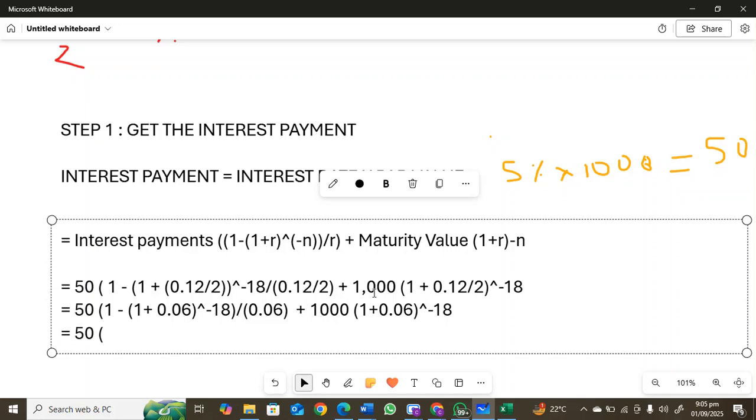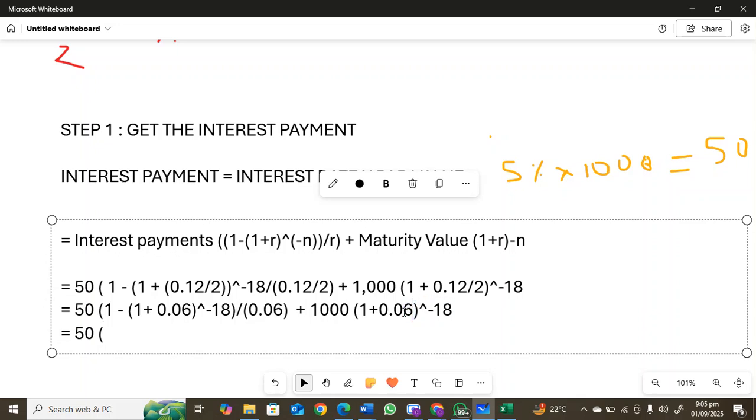All right, so 1.06 to the power negative 18 gets 0.35.